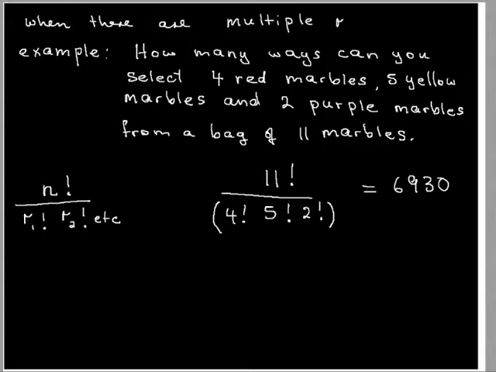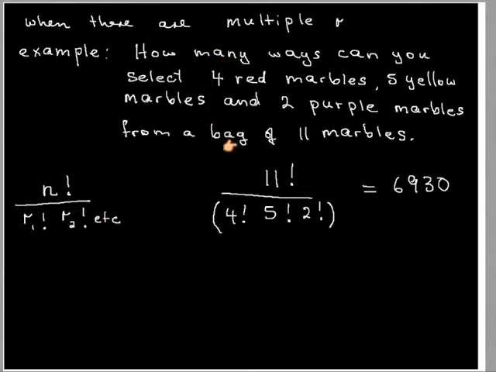When there are multiple r's, the formula changes a little bit. For example, if you have how many ways can you select 4 red marbles, 5 yellow marbles, and 2 purple marbles from a bag of 11 marbles? So here you have different types of r here, and the formula is n factorial over r1 factorial, r2 factorial, etc., where r's are each of the repeated events.